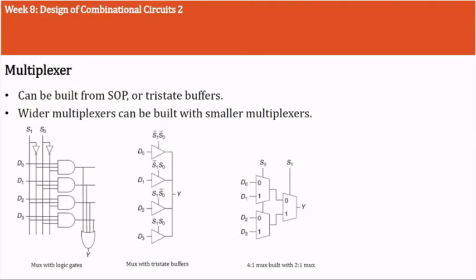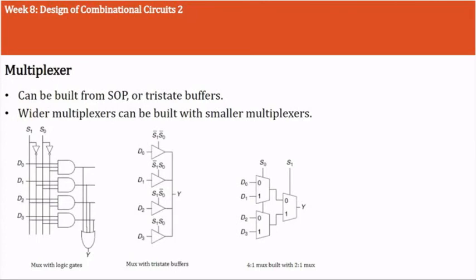So we have here a multiplexer with logic gates. Pwede naman siyang in the form of logic gates. Hindi naman necessarily na gagamitin natin yung mismong symbol ng multiplexer. You can use logic gates wherein ang ating magiging output must be Y from all the inputs S and D. Then ganun din pag gumamit tayo ng tri-state buffers, or yung buffer amplifier.